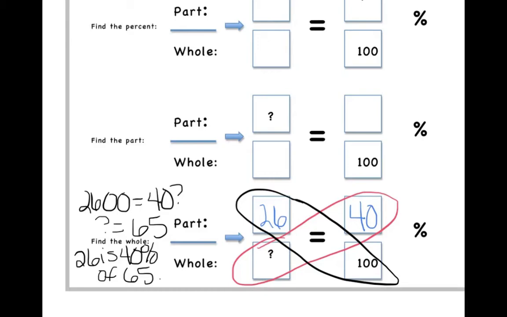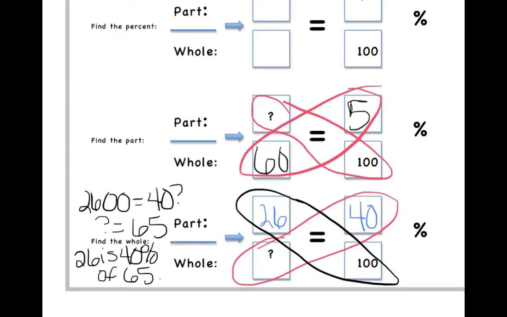Okay, let's do one with finding the part. How about, what number is 5% of 60? So we know we want something that's 5% of 60. This is what we don't know, so let's do cross products.